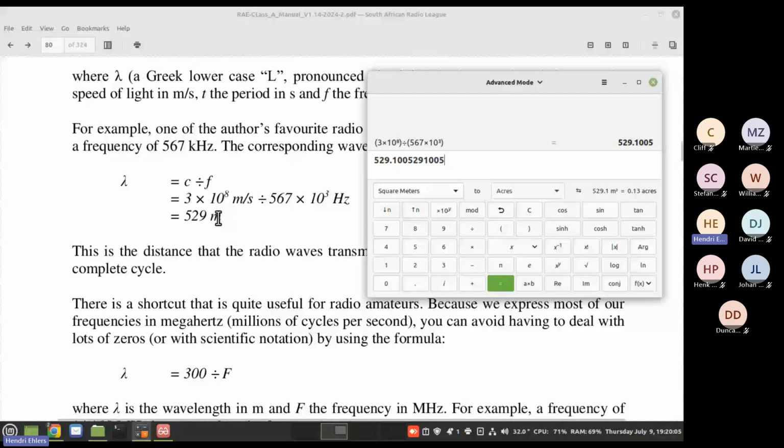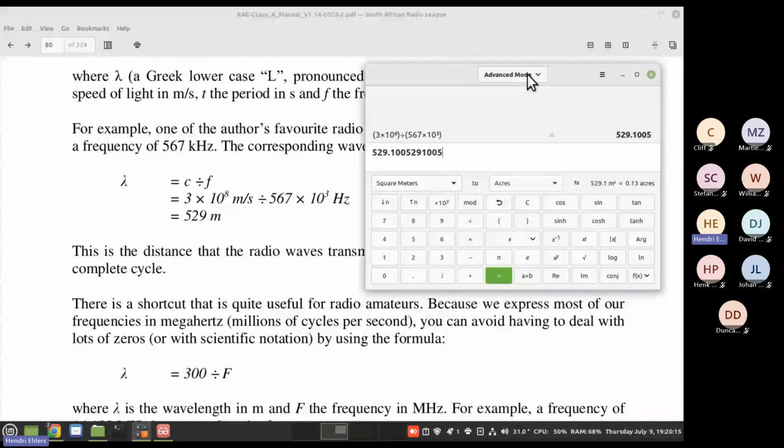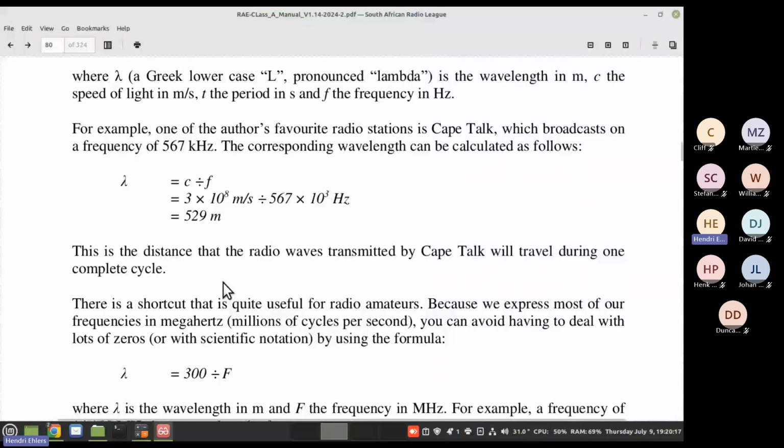So the wavelength is 529 meters. This is the distance that the radio waves transmitted by Cape Talk will travel during one complete cycle.